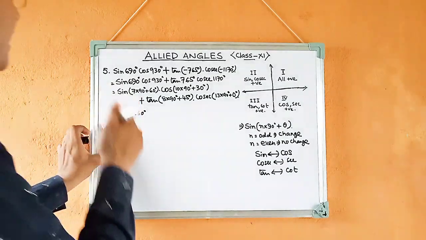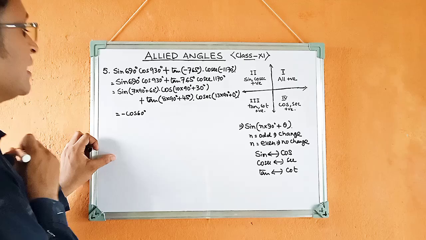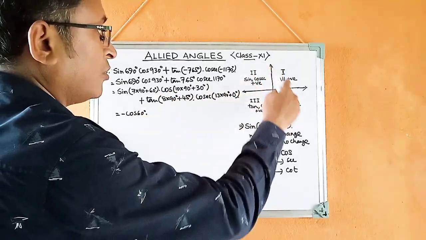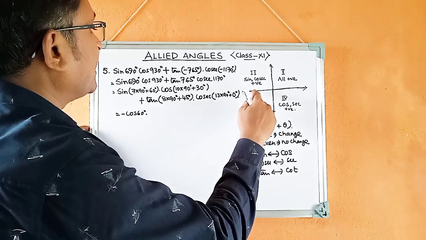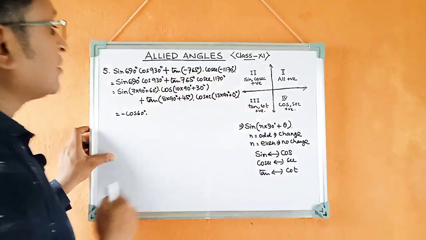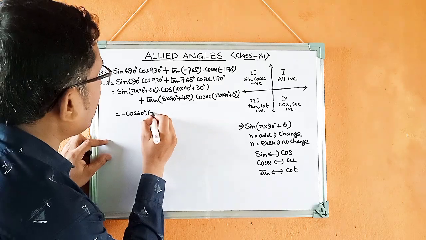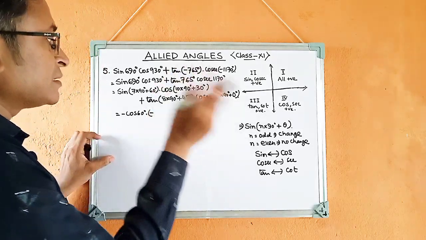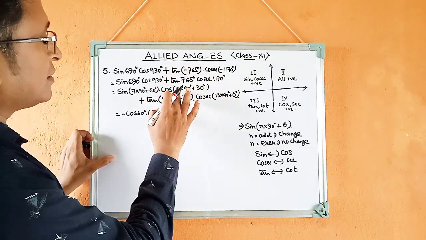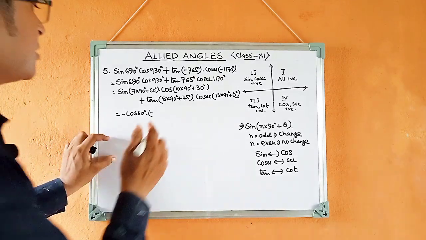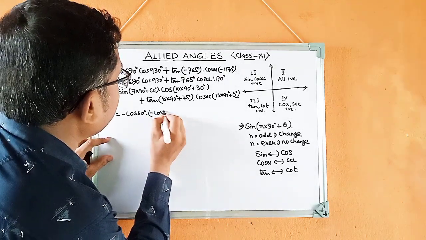In the fourth quadrant, sine is negative, so put a minus sign here. Then cos 10 into 90 degree plus 30 degree enters the third quadrant. In the third quadrant cos is negative, so put minus, and cos remains cos because n equals 10, which is an even number. So minus cos 30 degree.